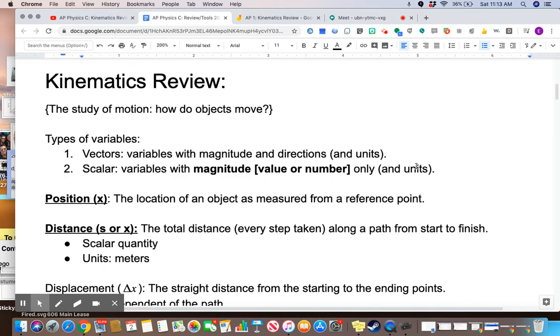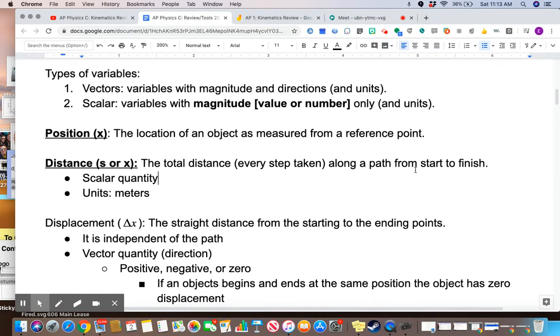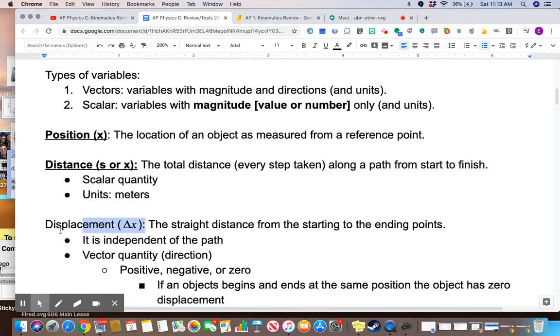Okay, our next relationship in which we can describe how objects move is displacement. Displacement is the straight line distance from the starting to the ending positions or points. We use delta x, so change in position, as the variable. Displacement is independent of the path.